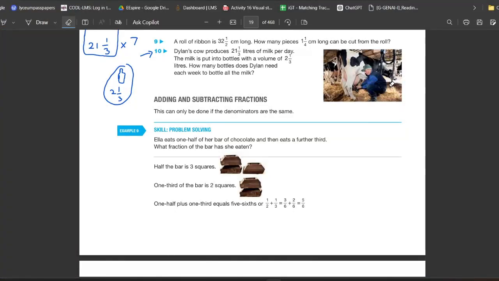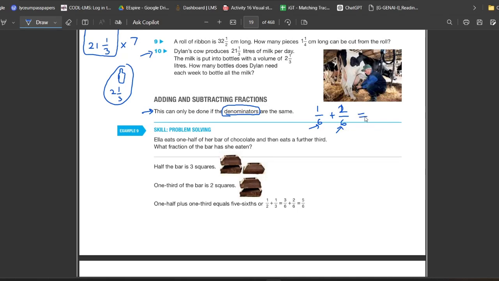Okay. So after doing division, we are coming to adding and subtracting fractions. In the first sentence, they are telling us this can only be done if the denominators are the same. Denominator means the bottom part.